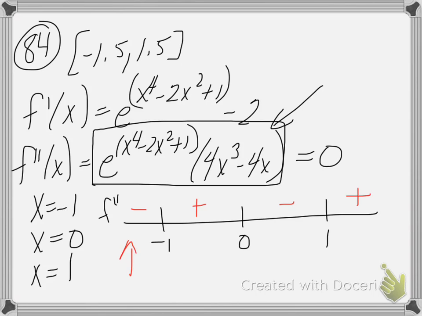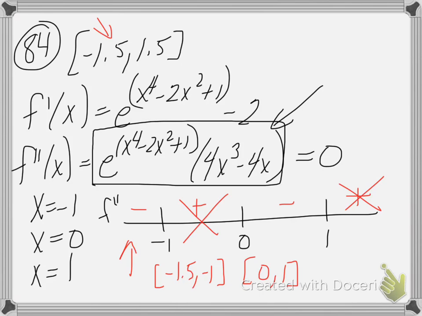So that's going to be here, which is from negative 1.5 to negative 1. I'm not saying from negative infinity because we were given this interval right here. Okay, forget this because it's concave up. Then it's concave down again from 0 to 1, and forget this because that's concave up. So the answer is choice D.